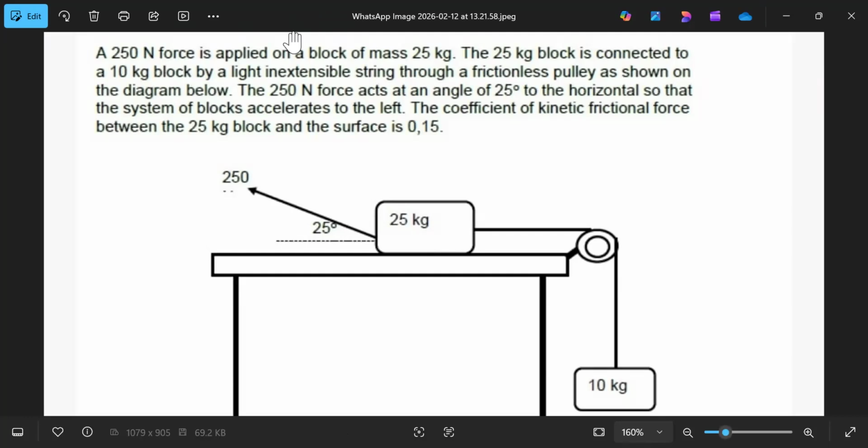The 250 Newton force acts at an angle of 25 degrees to the horizontal so that the system of blocks accelerates to the left. All right? The coefficient of kinetic frictional force between the 25 kg block and the surface is 0.15.